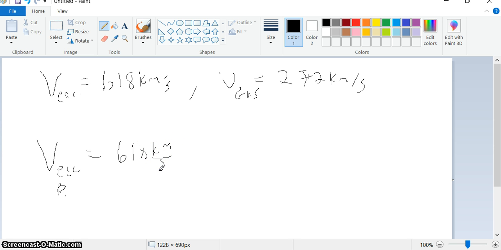times the square root. Again, I'm just getting this from the chapter itself. It's going to be times one solar mass, so I'll put mass of the sun, which is just going to be 1 divided by the distance from the sun, r, in solar units.